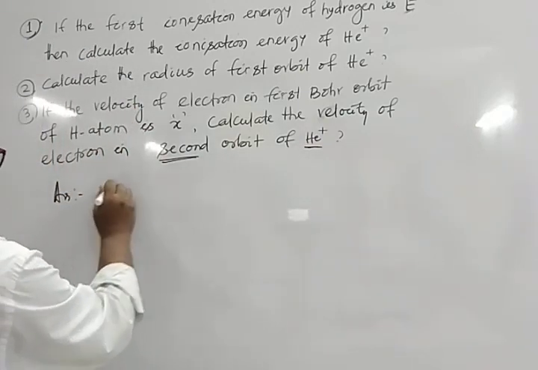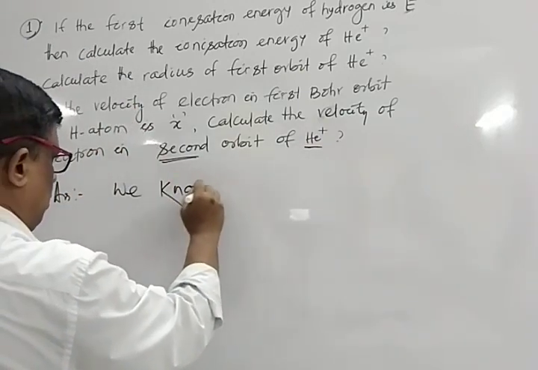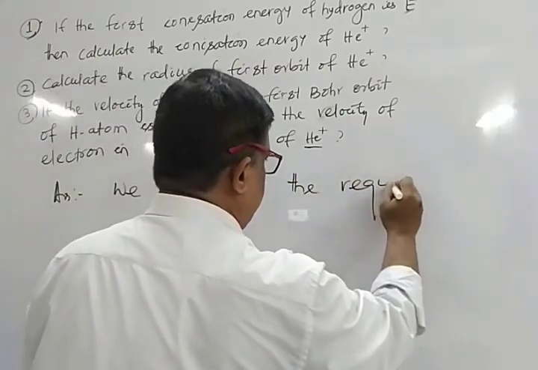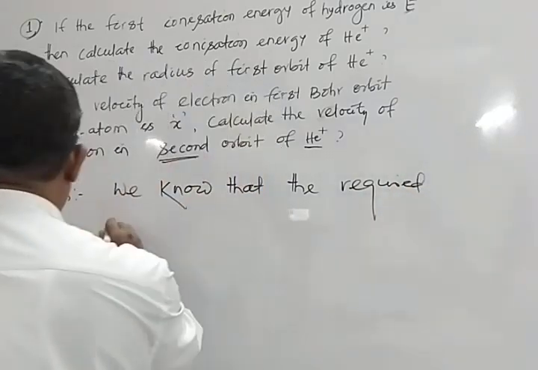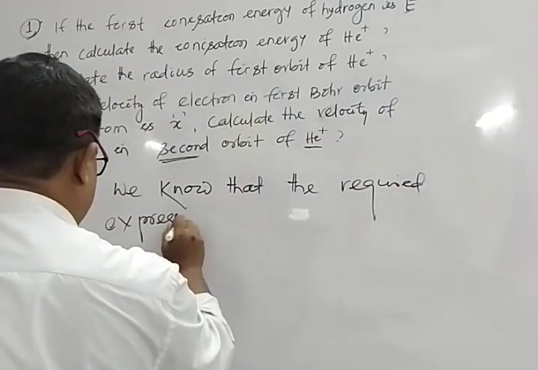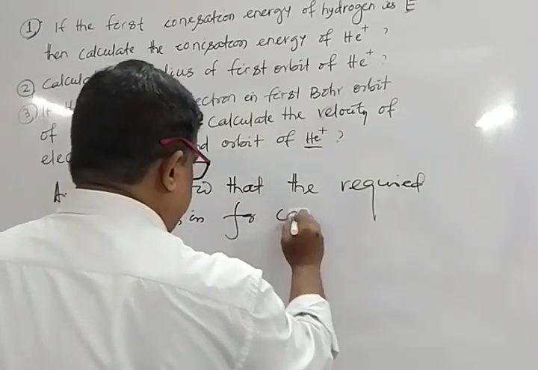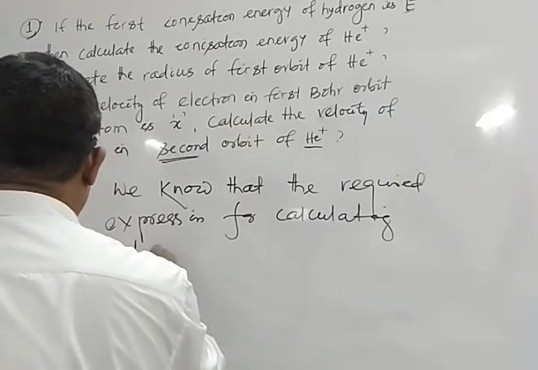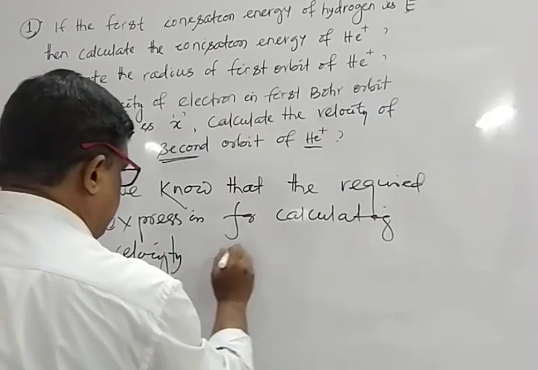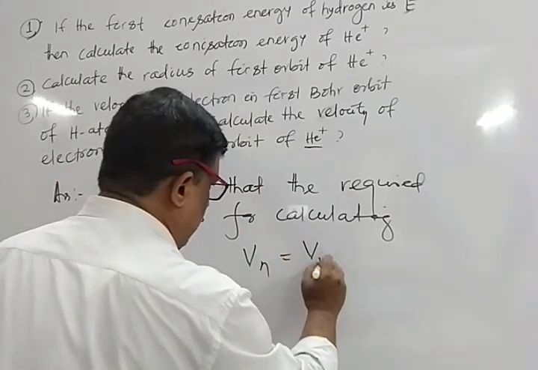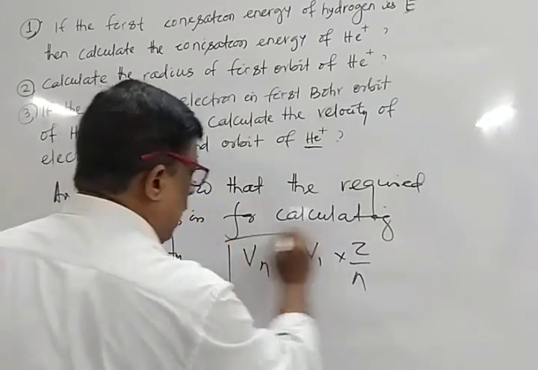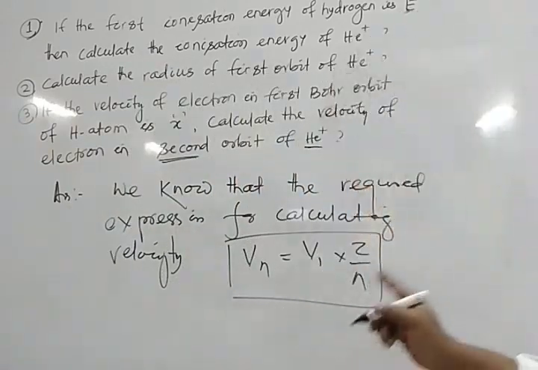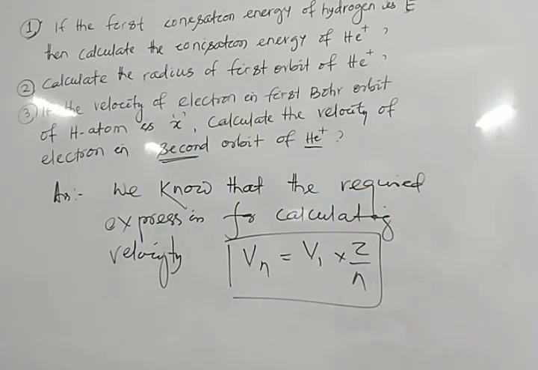Answer. We know that the required expression for calculating velocity is Vn is equal to V1 into Z by n, for hydrogen-like species, that is velocity of the nth shell.